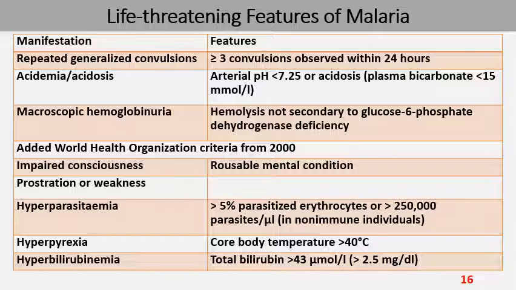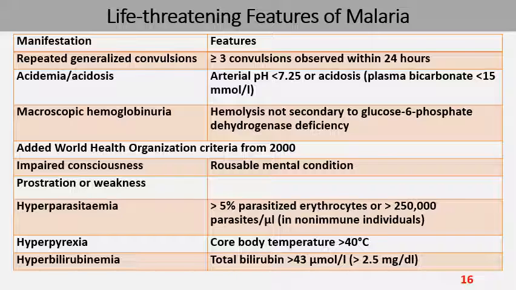Hyperparasitemia is another feature and is defined as parasitized erythrocytes of greater than 5%, or parasite count of greater than 250,000 parasites per microliter of blood in non-immune individuals.